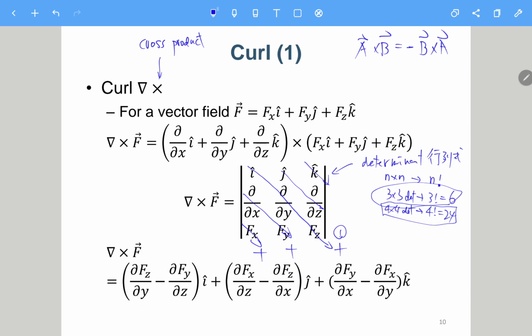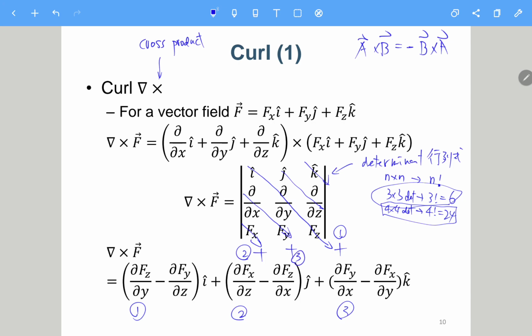This is the first term. And then for the second one, j hat partial z Fx. This is the second one. And then the third one, k hat partial x Fy. So this is the third one.